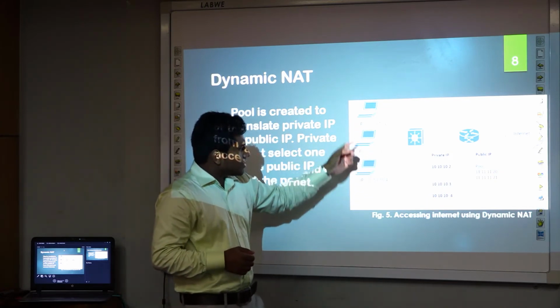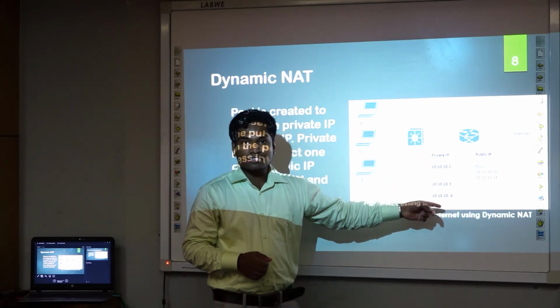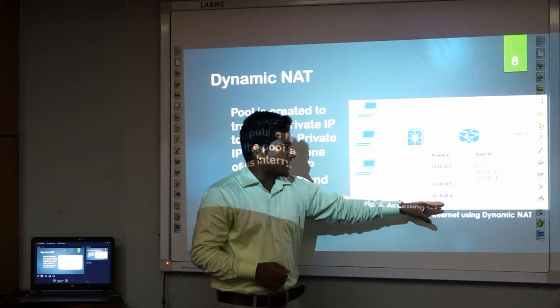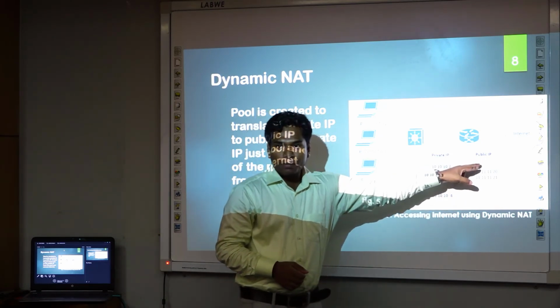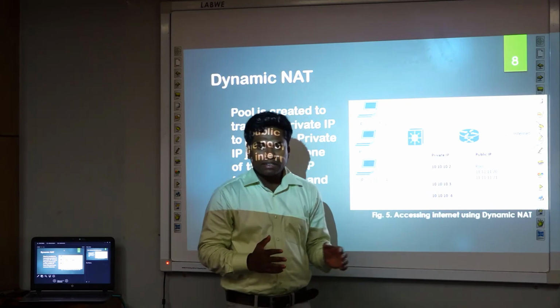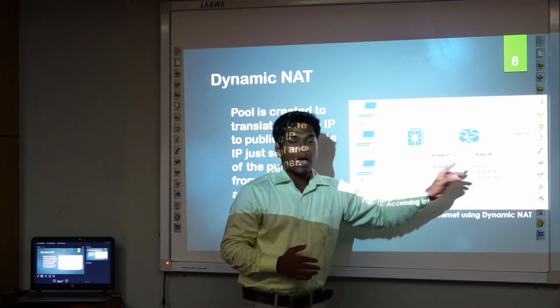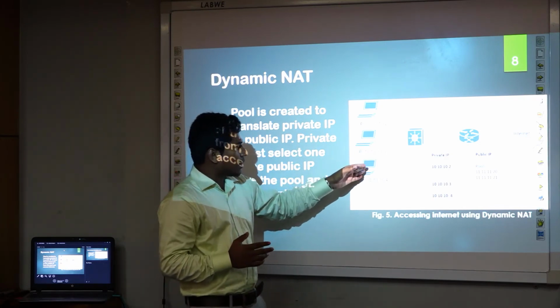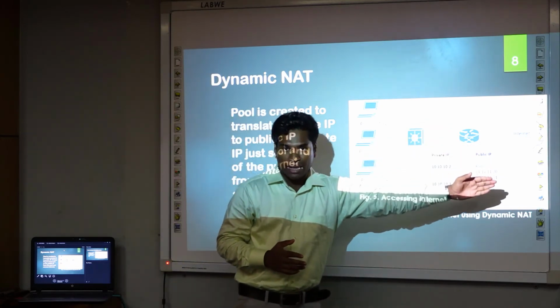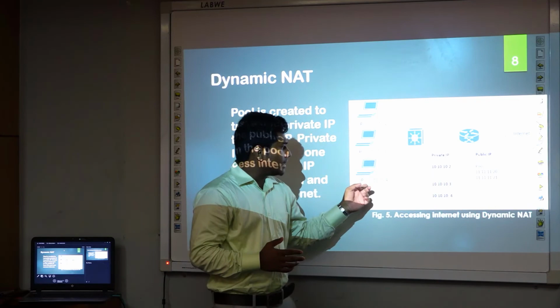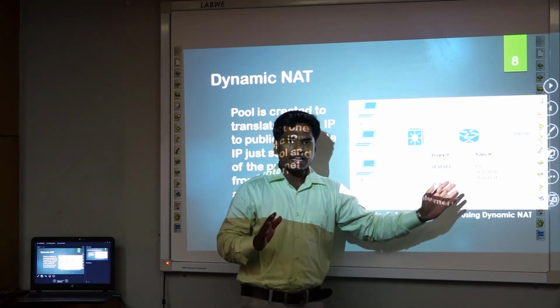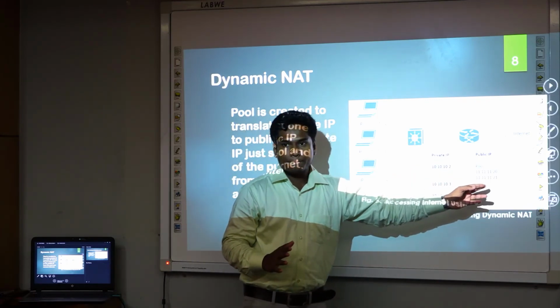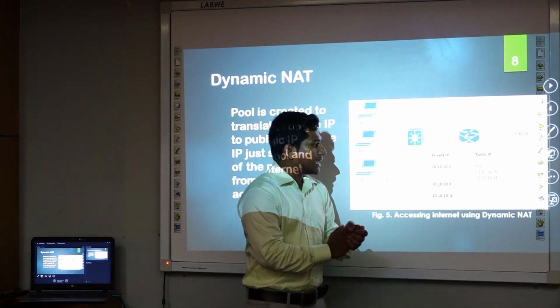Here we can see in the network address table there are 3 private IPs, but in the public IP table, a pool is created with 2 IPs. In that case, when a host is trying to communicate with the internet, it takes any public IP from that pool.